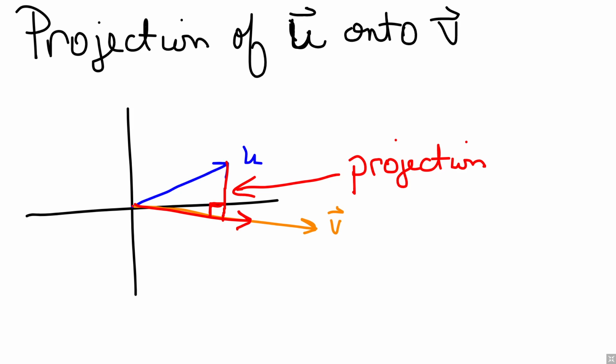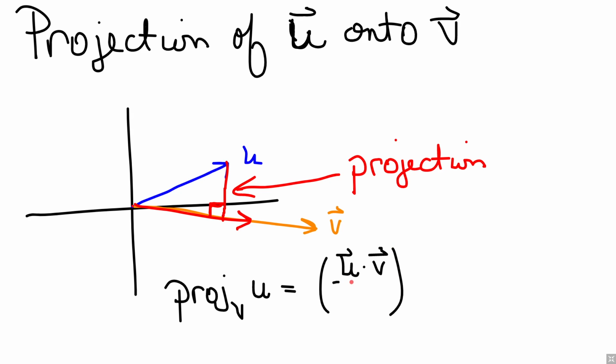So how we find that projection is as follows. If we do a projection of vector u onto v, the subscript means that you're going onto that particular vector. This is equal to the dot product of the two vectors, divided by the magnitude of vector v squared, and then you multiply it by vector v.